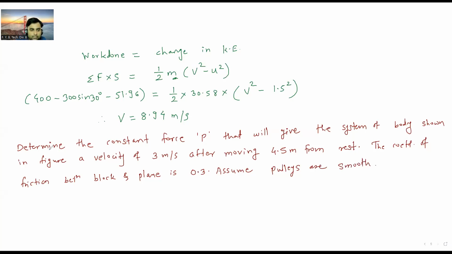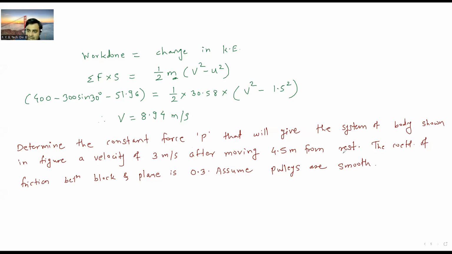I will draw the diagram, but you understand the problem. Determine the constant force P. So force P is acting over there, and that value of force P we need to find out for the given system of forces. What is its velocity? 3 meter per second after moving 4.5 meter from rest.